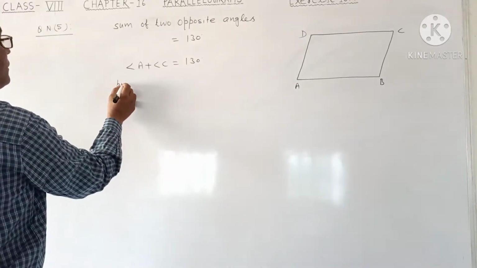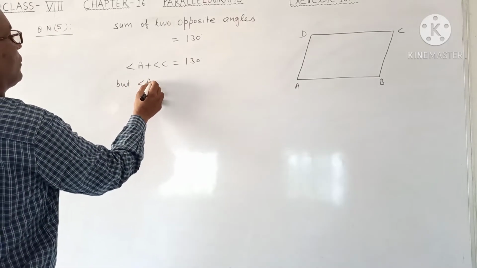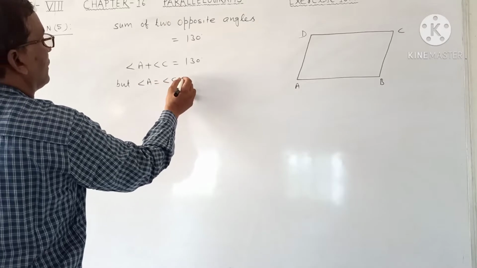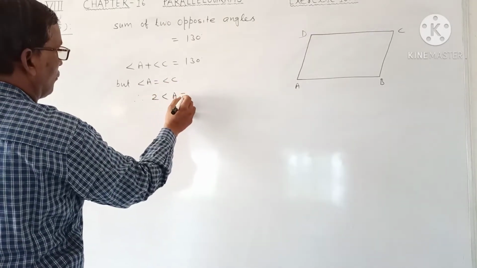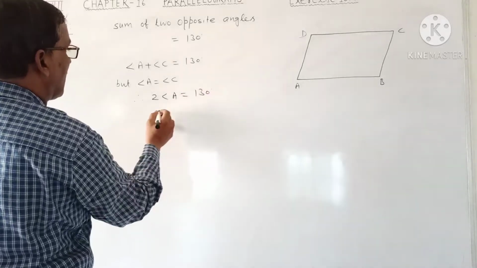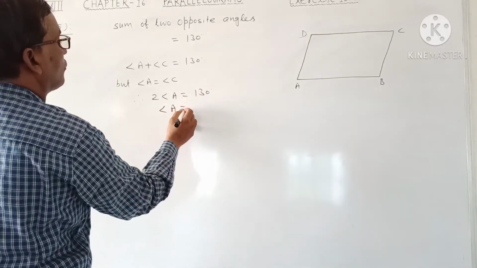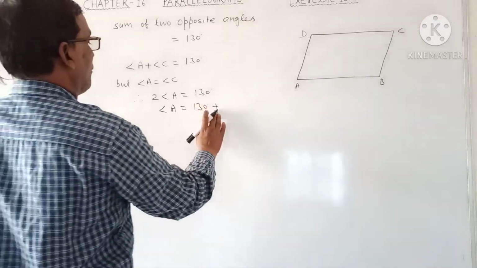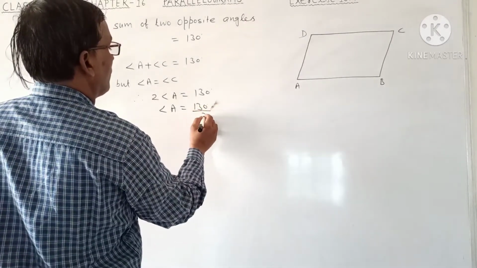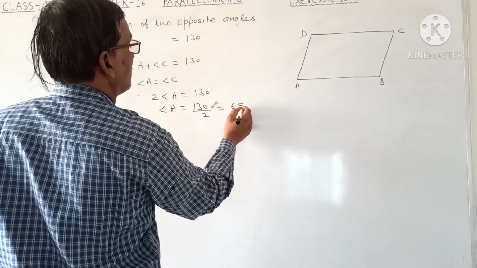But angle A equal to angle C. Therefore, twice angle A equal to 130 degree. Or angle A equal to 130 degree upon 2 is equal to 65 degree.